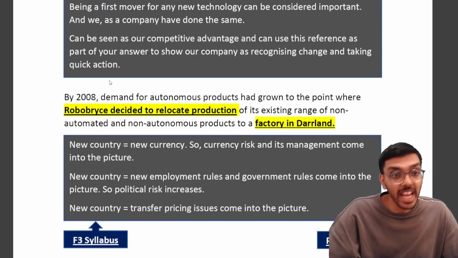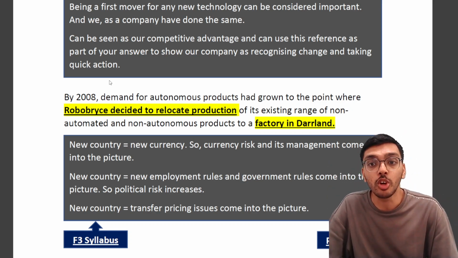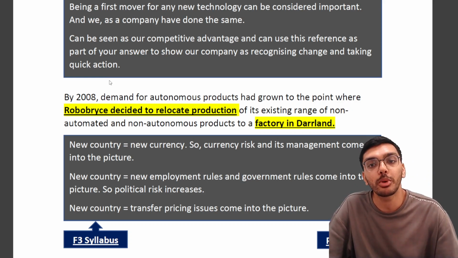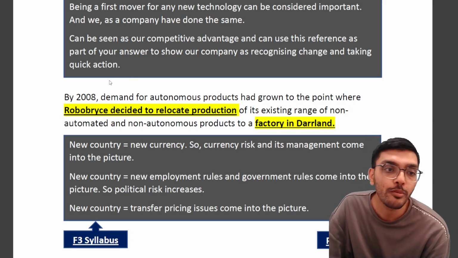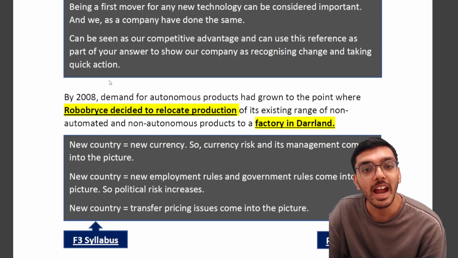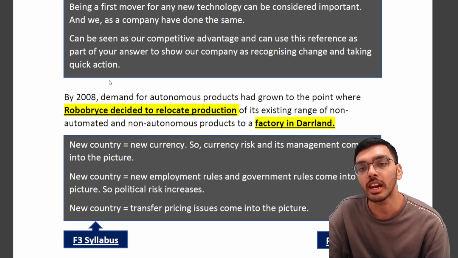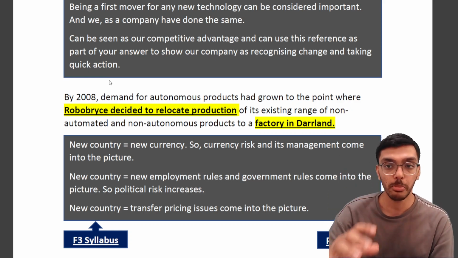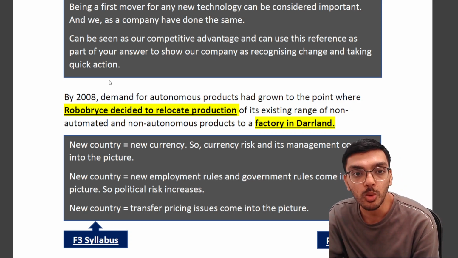By 2008, so in 3 years, the demand for autonomous products had grown to a point where Robobryce decided to relocate production of its existing range of non-automated and non-autonomous products to a factory in Darland. So my traditional products, remember I have 2 product lines, traditional and new.